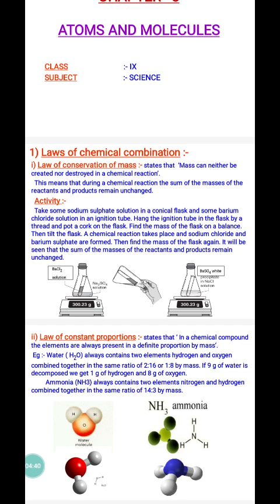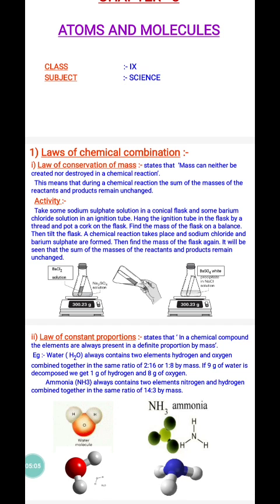First law of chemical combination, law of conservation of mass: mass can neither be created nor destroyed in a chemical reaction. That is, during a chemical reaction, the sum of the masses of the reactants and that of the products remains unchanged.